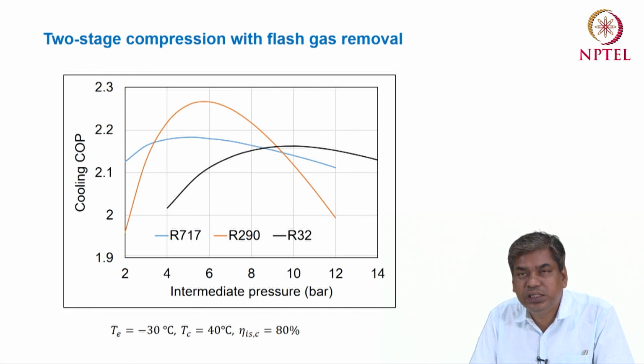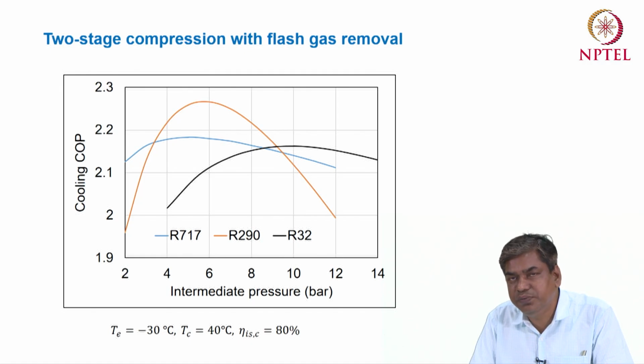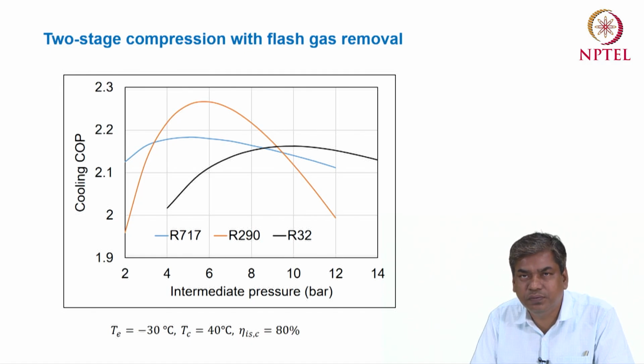We can see the three refrigerants which we have used, and in terms of values they may be different, and maybe the optimum intermediate pressure also may be different for the different refrigerants. Obviously the ranges are different, so the pressure is also different.